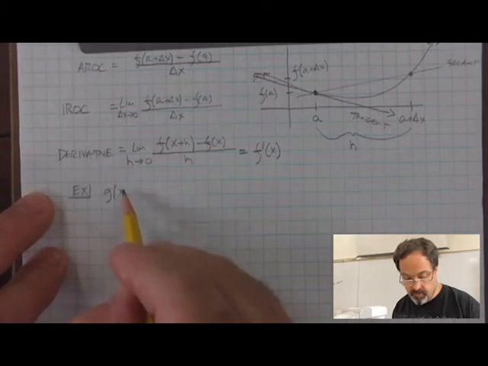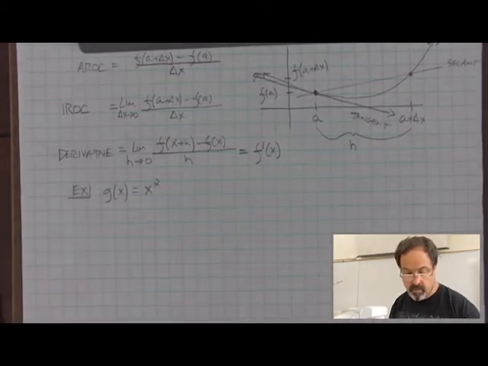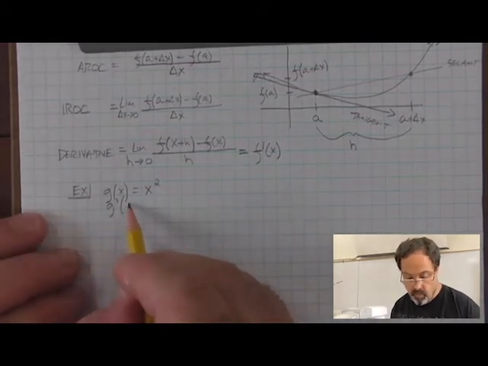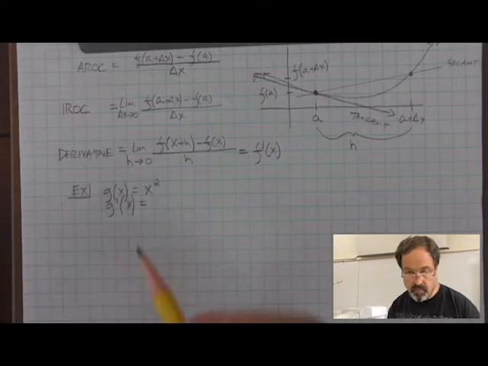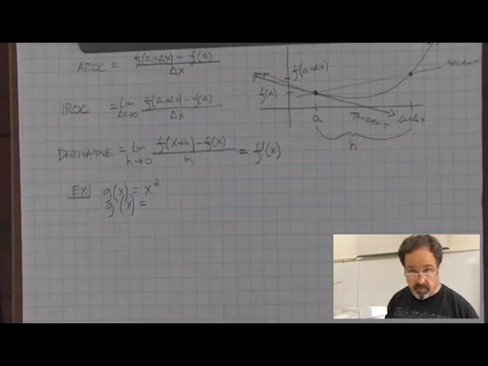let's define a function g is equal to something that we've worked with in the past, x squared. If we want to calculate the derivative of that function, which we also call a slope function, it's a function that calculates the slope of the tangent line, the instantaneous rate of change of that function at any value x.